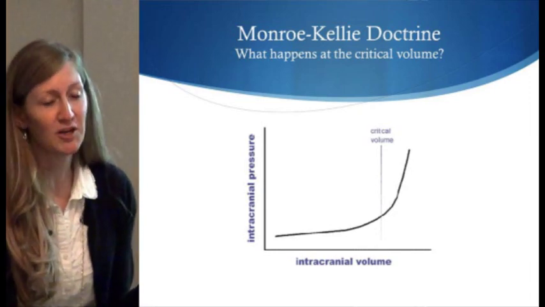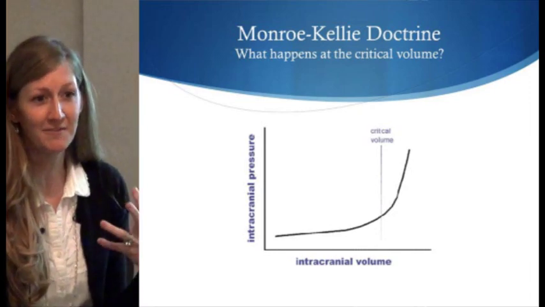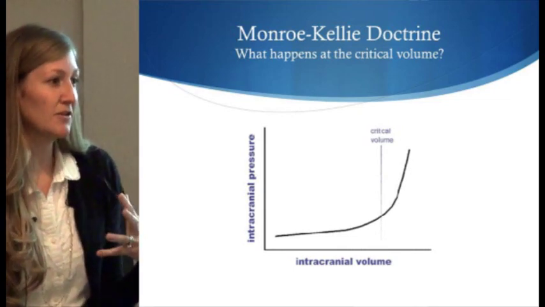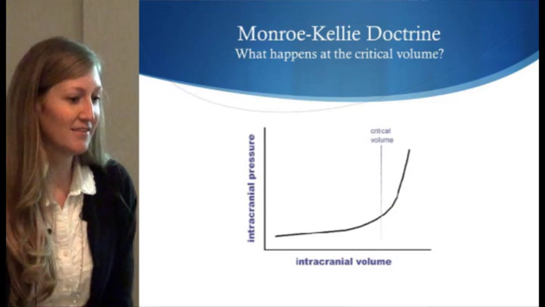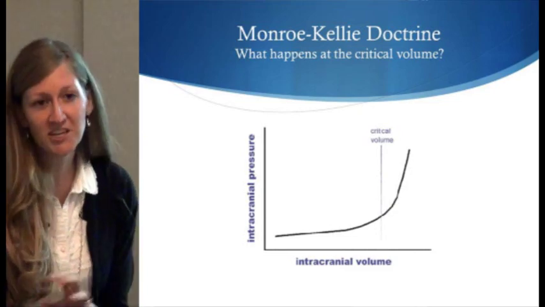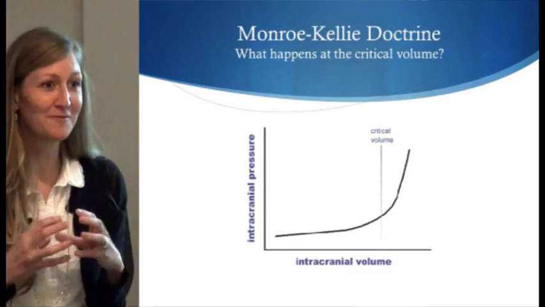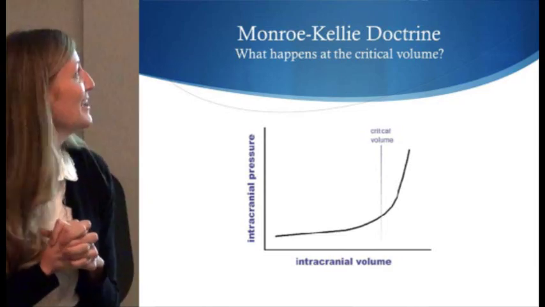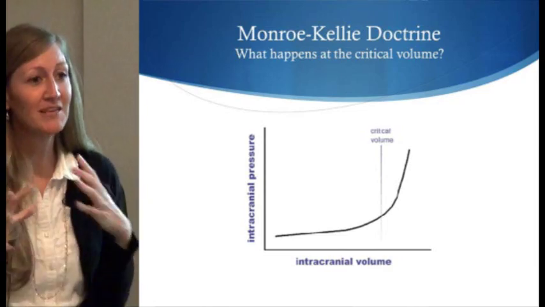Okay, so the Monroe-Kellie doctrine, essentially this is talking about your brain is a fixed space. You have your hard skull, your fluids, and your tissue. And once something changes in that set of things, you don't have a whole lot of leeway.